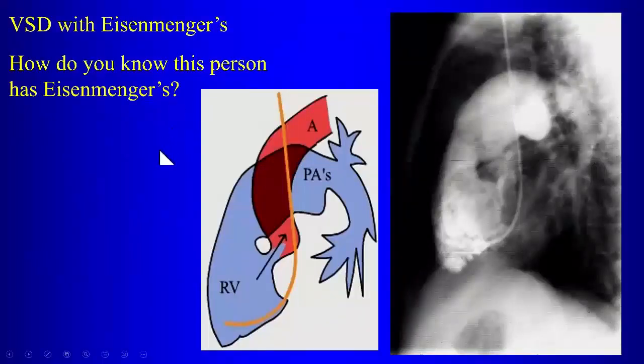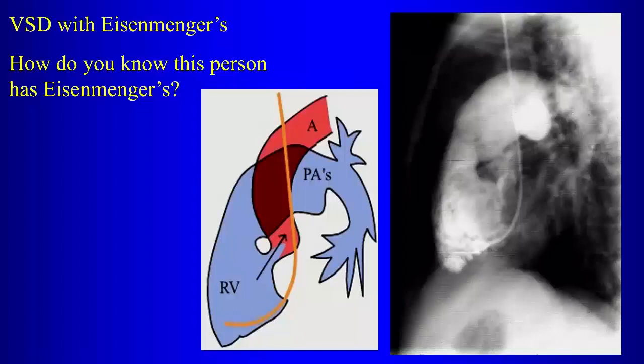Okay, so I'm showing you an angiogram here. This is a patient with a ventricular septal defect who has Eisenmenger's. How do you know this person has Eisenmenger's? Looking at the images, contrast in the aorta.